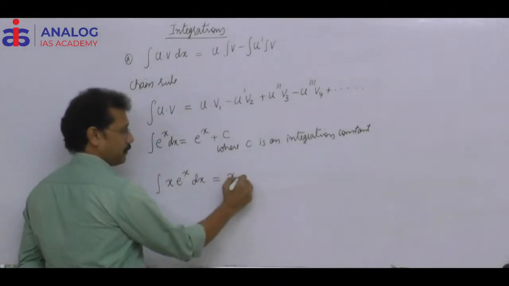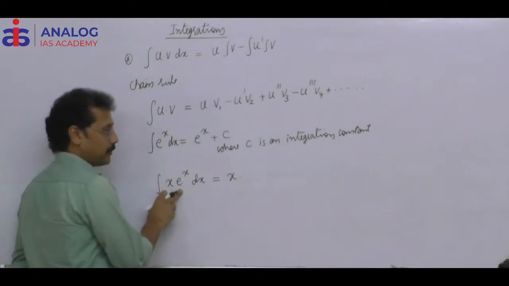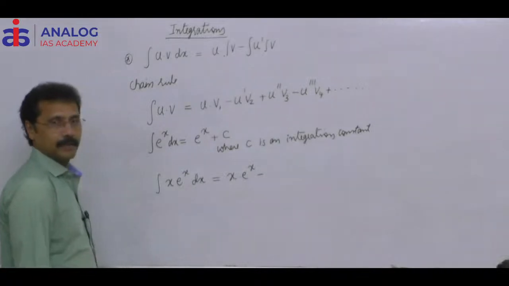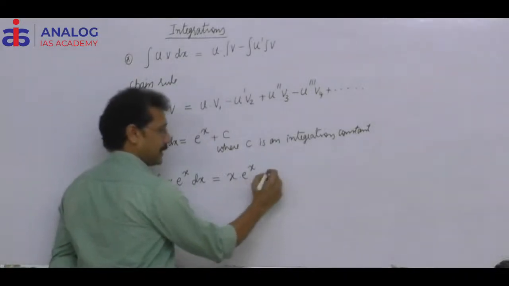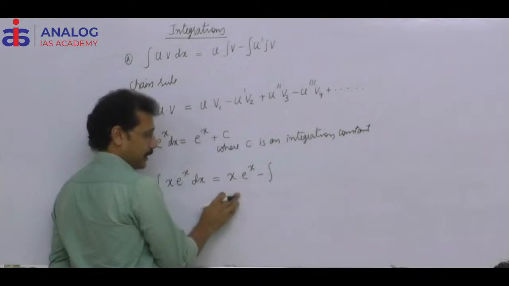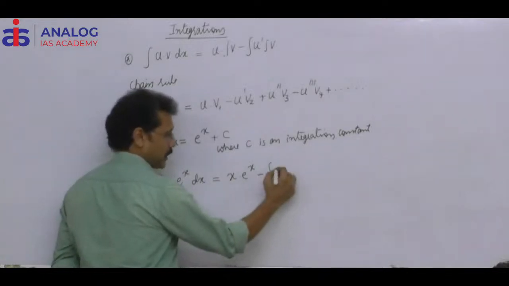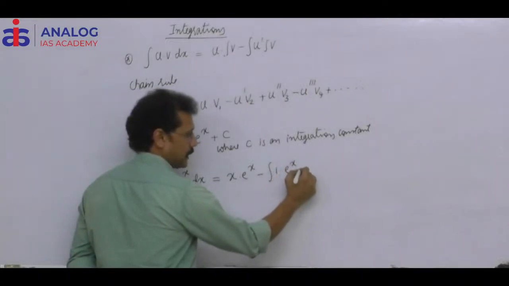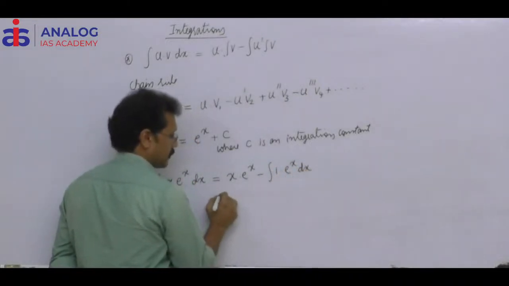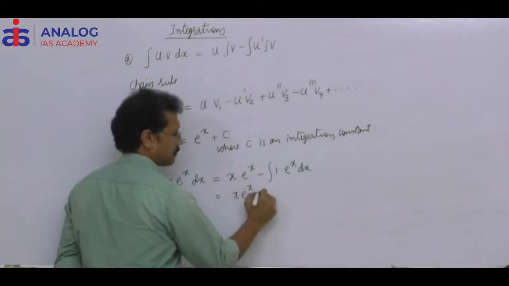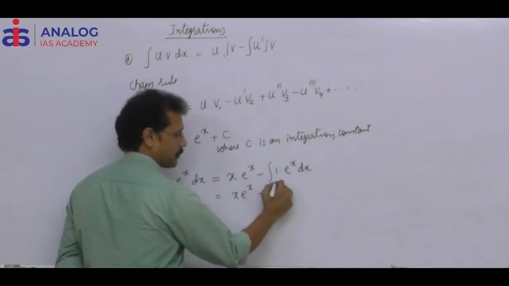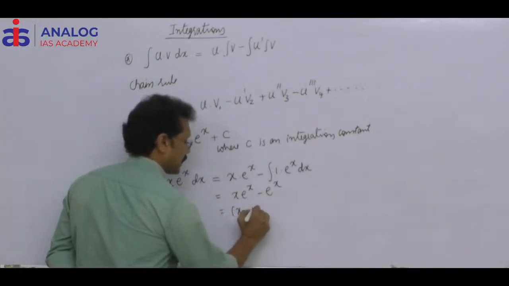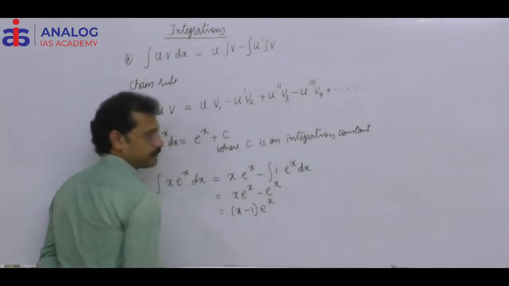So u into integral of e power x, e power x, minus integral of differential of u, which is 1, into integral of e power x, which is e power x, dx, which is equal to x e power x minus integral of e power x, which is e power x itself, plus c would be there. Which is nothing but x minus 1 into e power x.